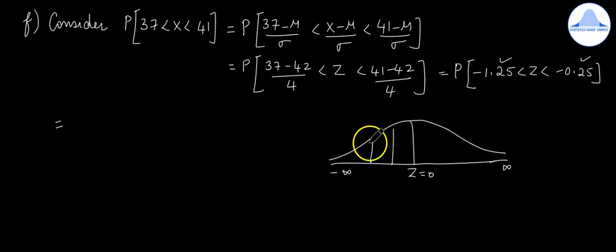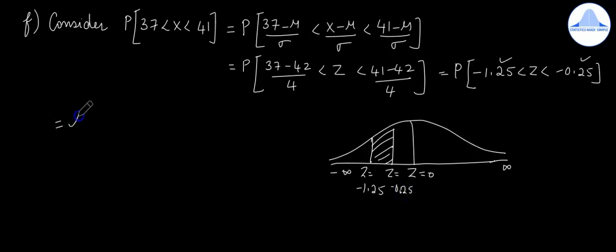The first line here will be z equal to minus 1.25. And then the other line will be z equal to minus 0.25. So now because z is lying between these two values, you have to shade only between minus 1.25 and minus 0.25.